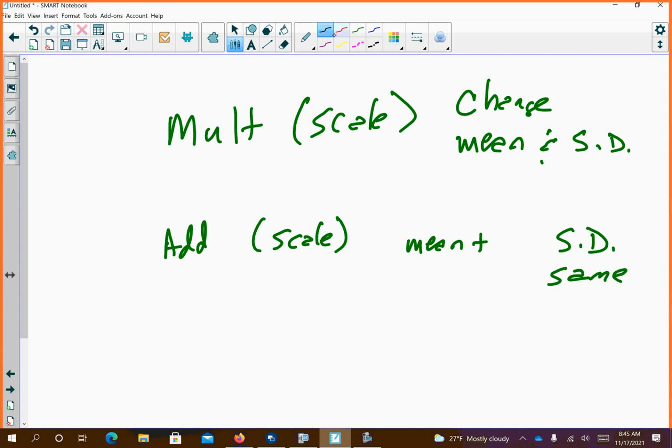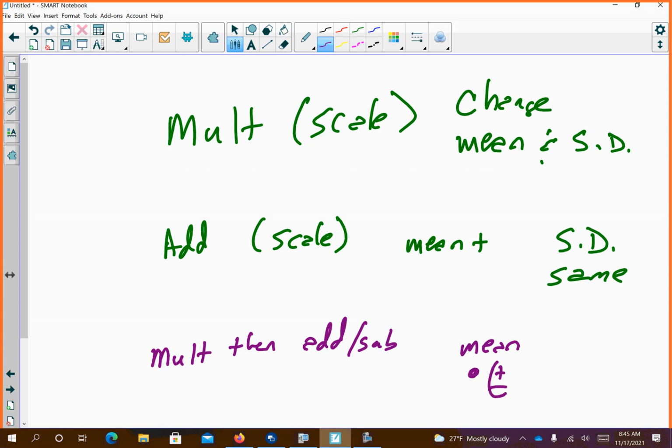And then the last characteristic that I talked about is, what if I multiply and then add or subtract? Then your mean will have the multiplication and the add or subtract factor, but your standard deviation will only be multiplied.